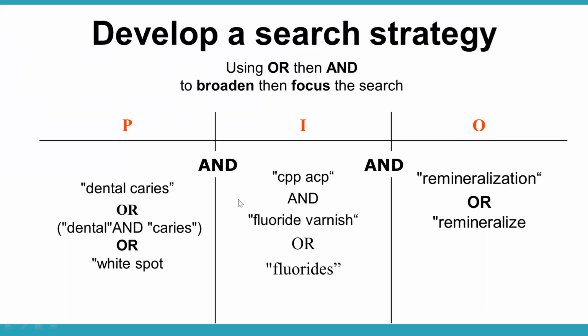Then we should have AND for interventions, which is CPP-ACP and fluoride varnish or fluorides, and remineralization or remineralize, which is our keyword for outcome. Now, we have to keep this in mind: when we have a very clear search question which consists of PICO, then P, I, C, and O will always be combined with AND, and you will get a focused search output.